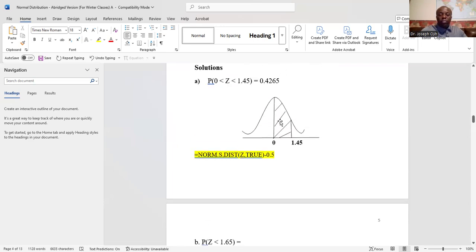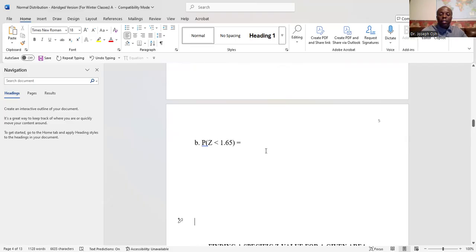Obviously, when you go to this chart, it's on the positive side. That means it's bigger than 0, which is the mean. So if you want to draw it, it's gonna look like this: less than 1.65.